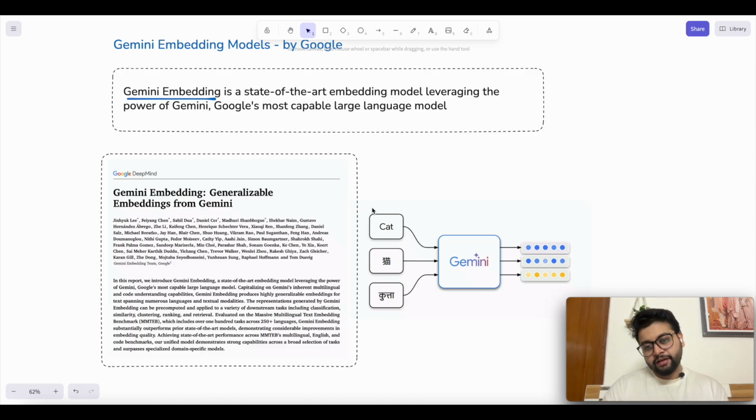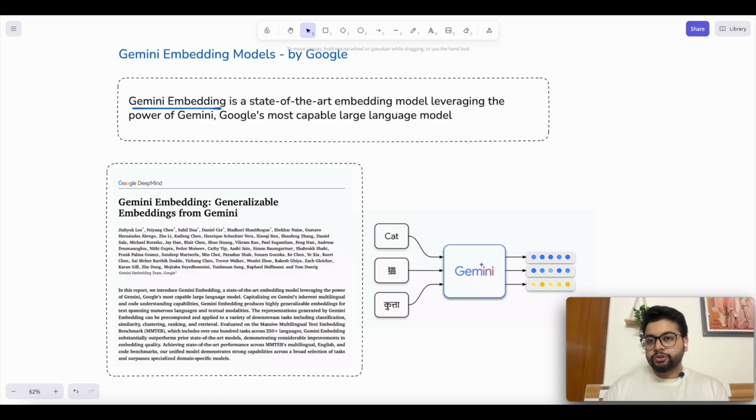And it is trying to map these words into vector embeddings. You can think of these dots as numbers, a series of numbers, and they're trying to map these words as vector embeddings in the space. And hopefully they are trying to keep these words which are very similar closer to each other, despite being in different languages, right?